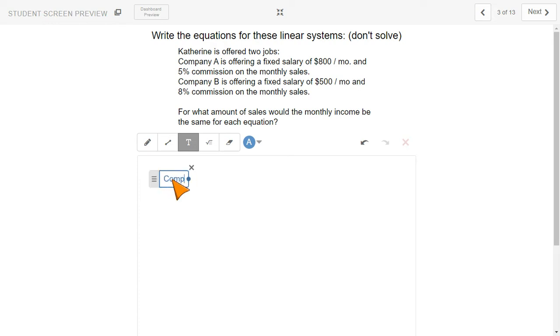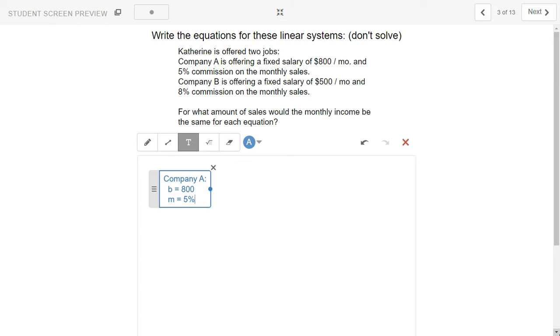We have company A. We know that the fixed amount is $800. So B is equal to 800. The rate is 5%. But 5% is a spoken term.